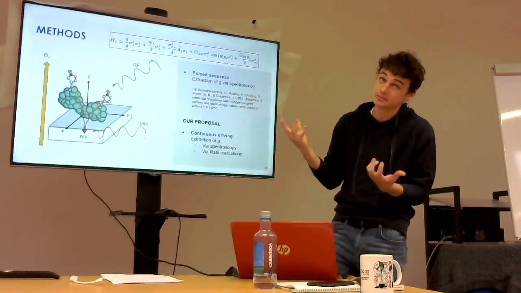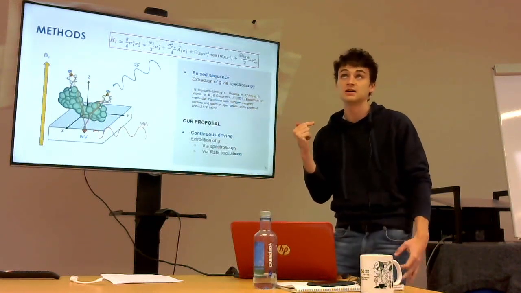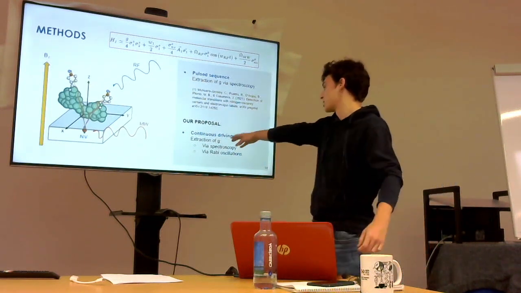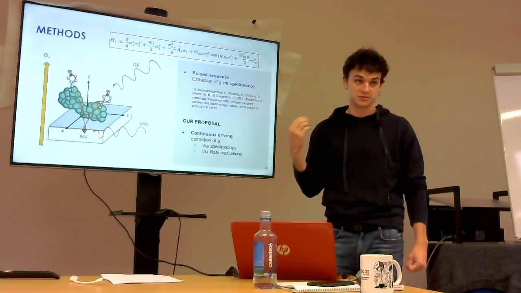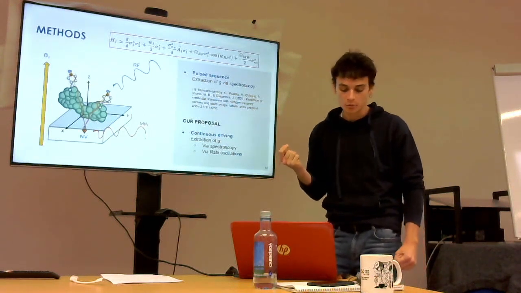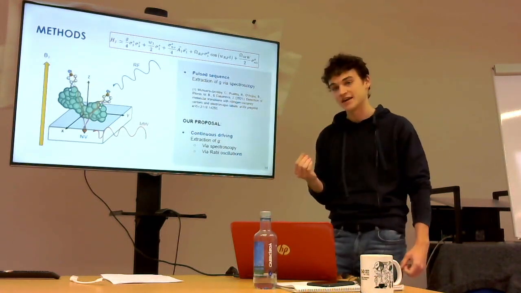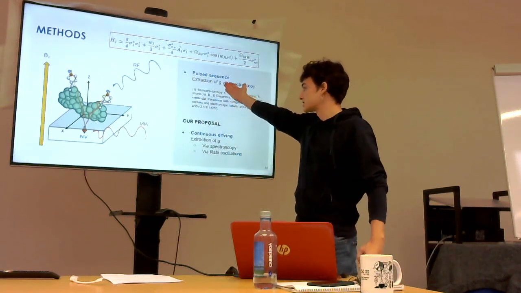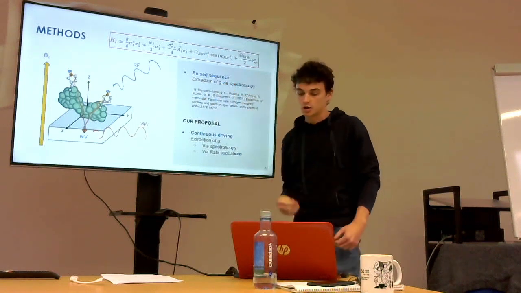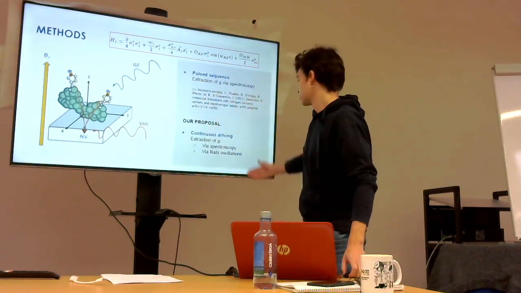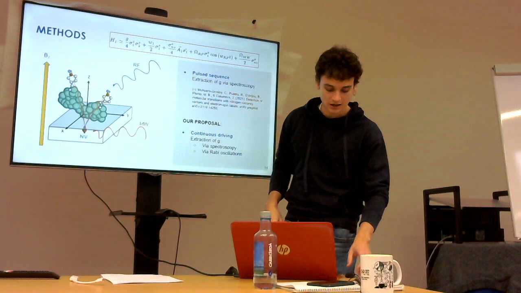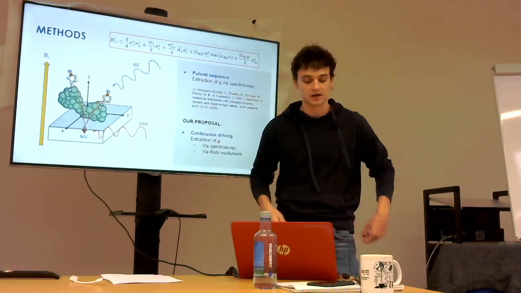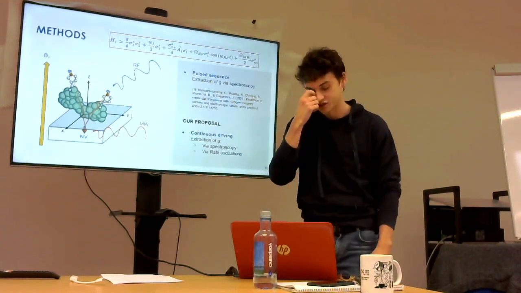Now, this seems to be better because we will accumulate more phase, but there's a counterpart: this coupling constant G that we in the end want to obtain is harder to find when using these continuous drivings than when using this pulsed sequence. When using this method, it comes really naturally, while when using this, it's quite difficult to extract it, especially if we consider errors in our measurements.